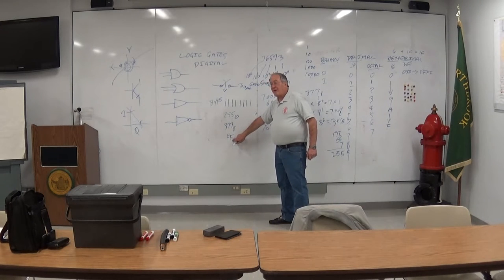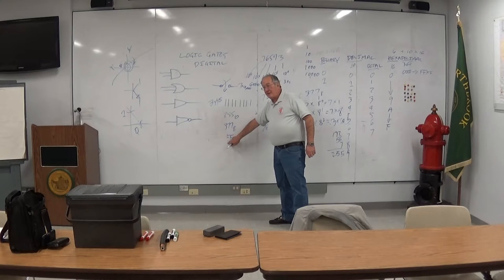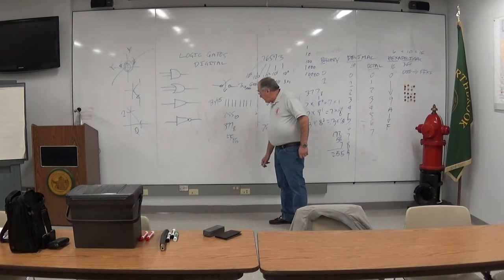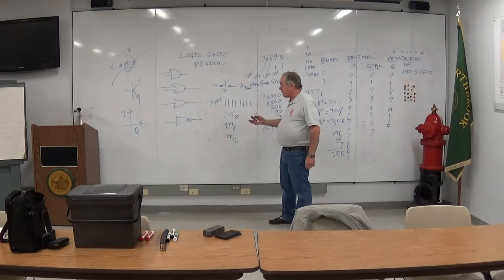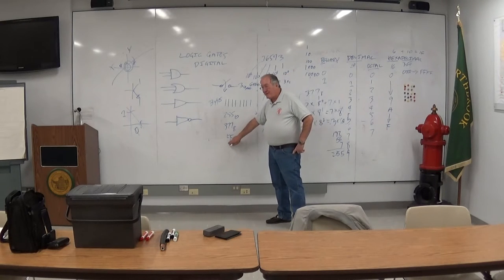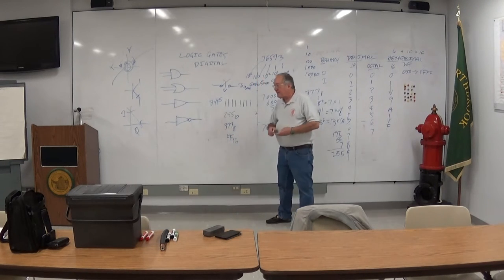16 to the 0th power is 1, 16 to the first power is 16. So 15 times 16 will actually get you 240.